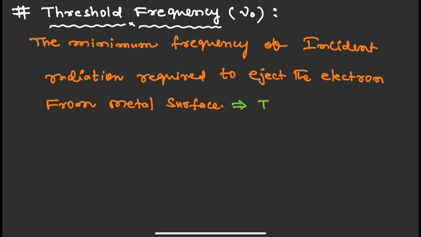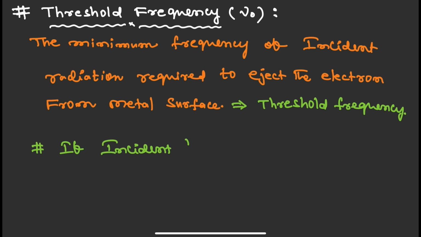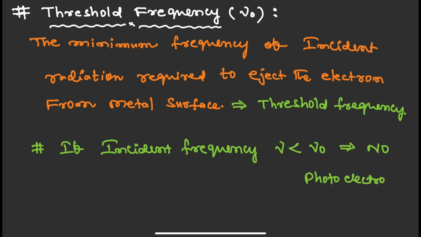If the incident frequency nu is less than nu naught, then there is no photoelectron emission. So this is the threshold frequency.